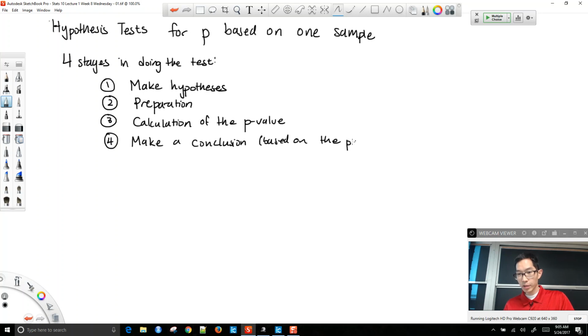The calculation step itself can be broken down into further steps, but these are the overall stages that we go through when doing a hypothesis test.